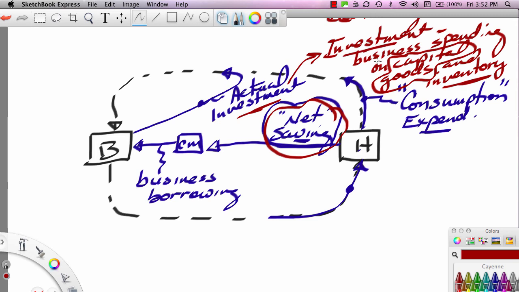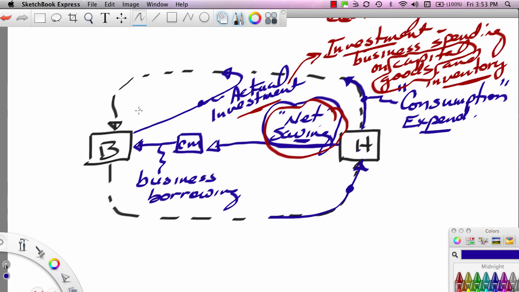Any business spending on capital is going to be captured in this actual investment label. Okay? So it's very important you begin to distinguish the difference between a saving flow and an investment flow. They're very, very different. We will use investment very carefully in this course, only because we have to. If we don't, we're going to get very confused.